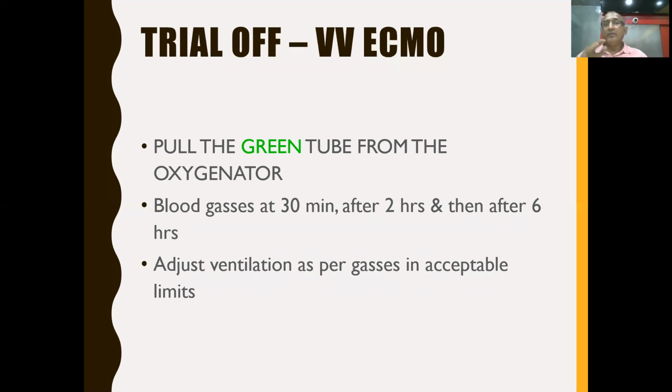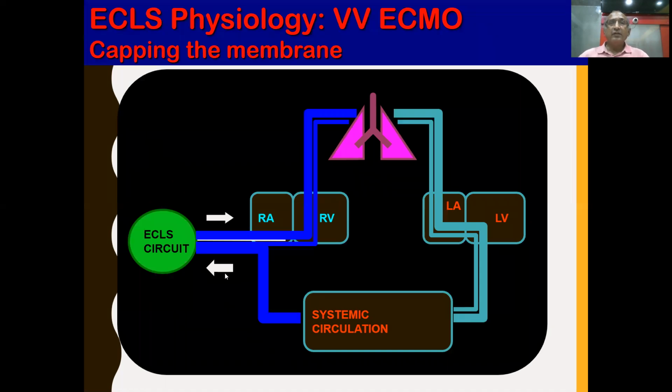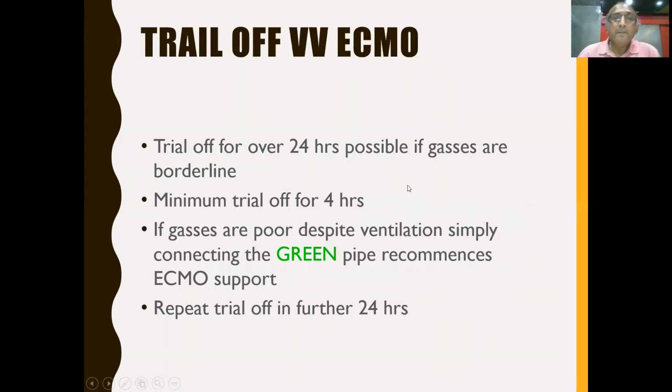Blood gases, you have to do at 30 minutes, then after 2 hours and then after 6 hours. Adjust the ventilator parameters as per the blood gases, and see to it you don't go on higher ventilator support, just accept moderate ventilator support. Whatever blood goes inside, the same blood is coming outside, so there is no gas exchange taking place in the circuit here. Whatever gas exchange takes place is through the lungs only.